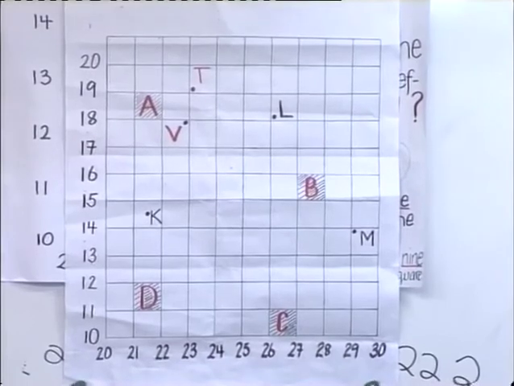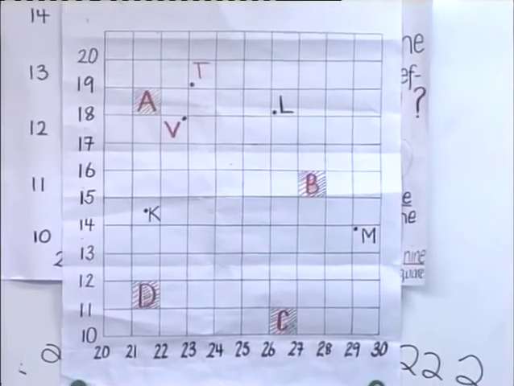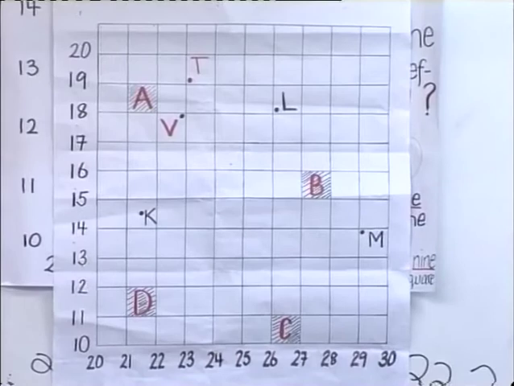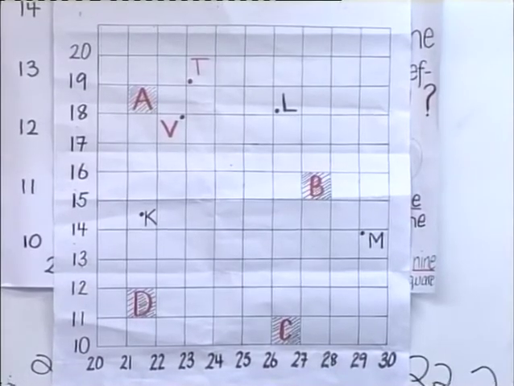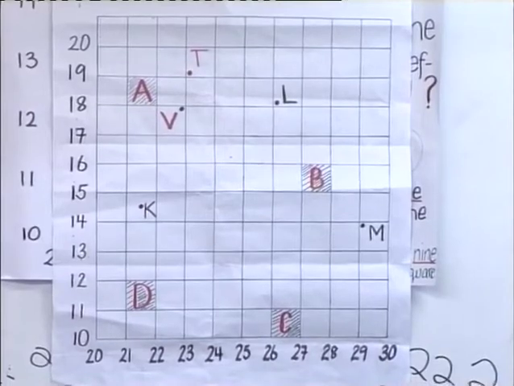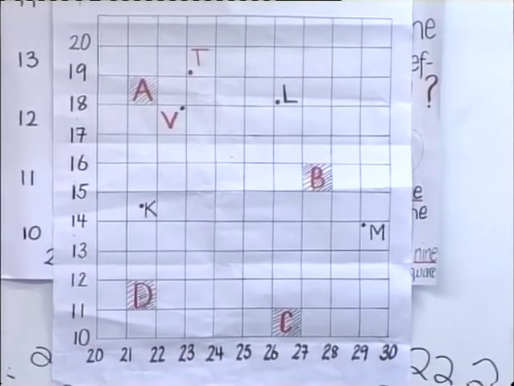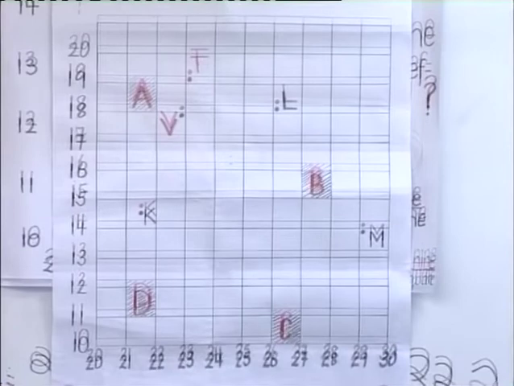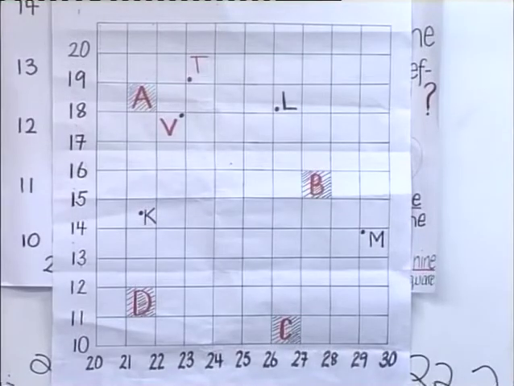Look at B. What's the Eastings for B? Sandra, the Eastings, the lines that are numbered from west to east.